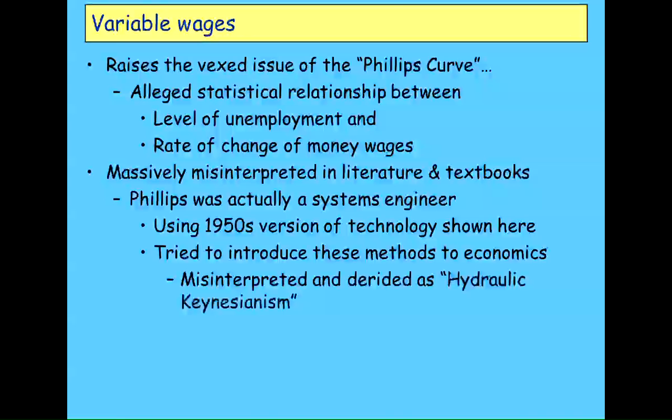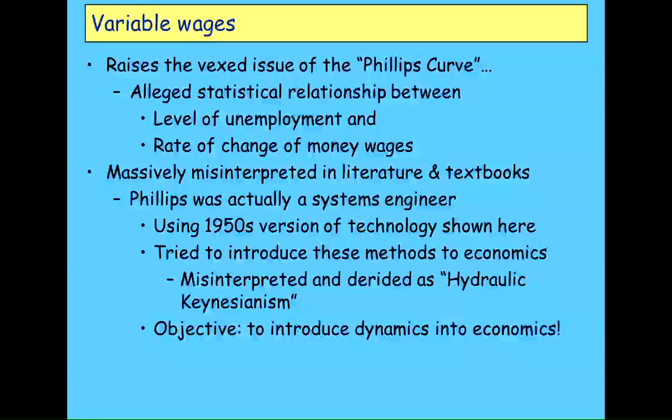They did the old MEGO effect, my eyes glaze over, when he tried to do all this stuff, and he got satirised as doing what they call hydraulic Keynesianism, when in fact what he'd done is build both a hydraulic and an analogue computer model of the economy, two independent models. Remarkable thing to do back in the 1950s. So his objective was to introduce to economists how one can do dynamics.